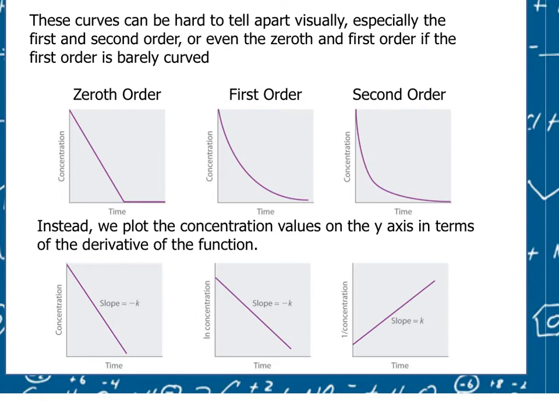If you've had calculus, you'll be with me. If you haven't, don't worry. We're only going to be plotting concentration by time, natural log of concentration by time, or 1 over concentration by time. So you're going to try one of these three kinds of graphs. One of them will be linear, and you'll be good.